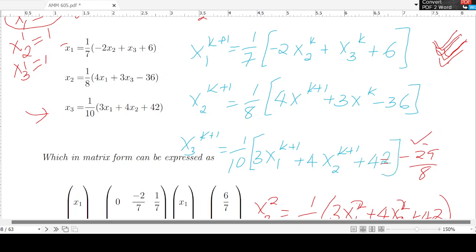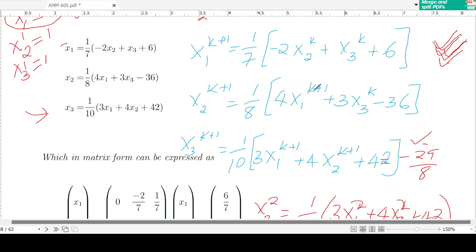So in this case, you see that in the first equation, we are using x2k, x3k. These are the values from the previous iteration. In the second equation, we have x1 k plus 1. This is x1, and this is x3.